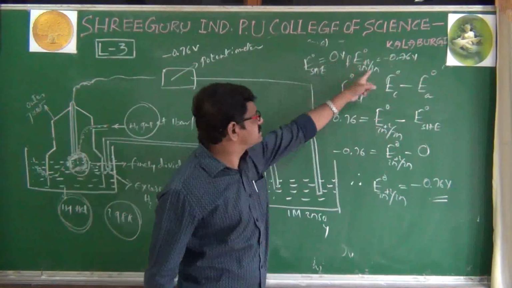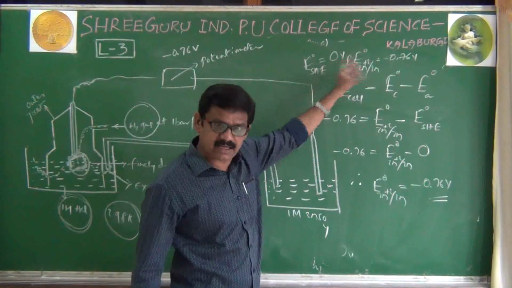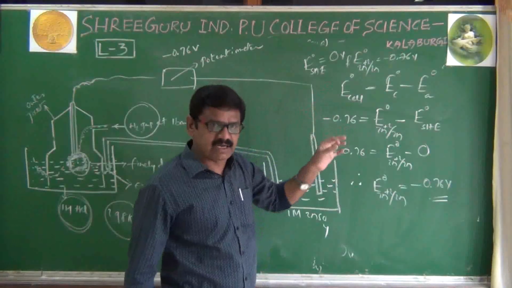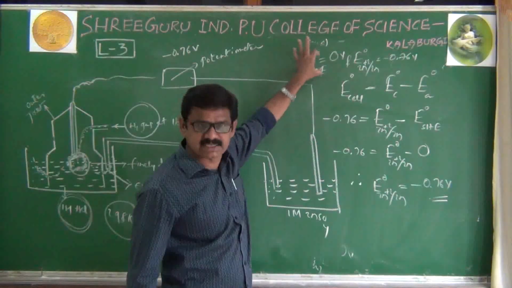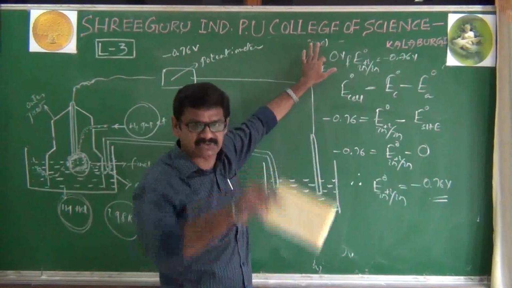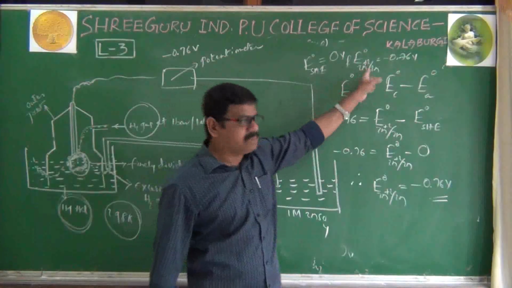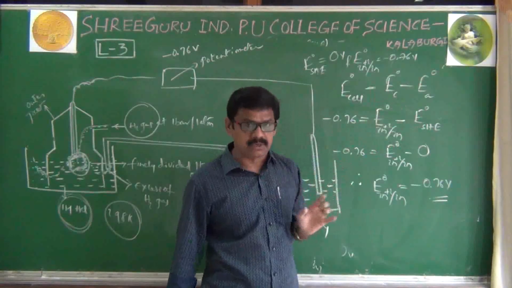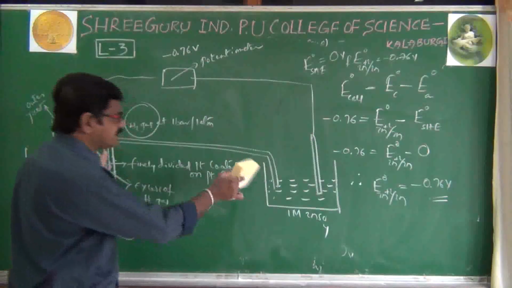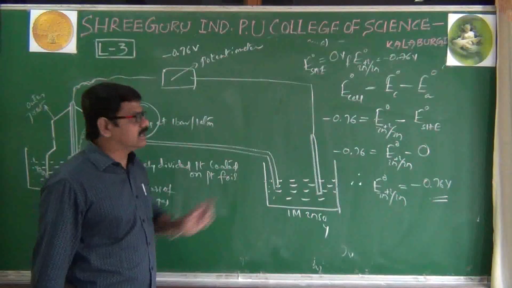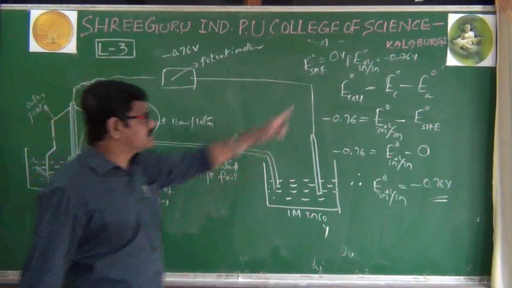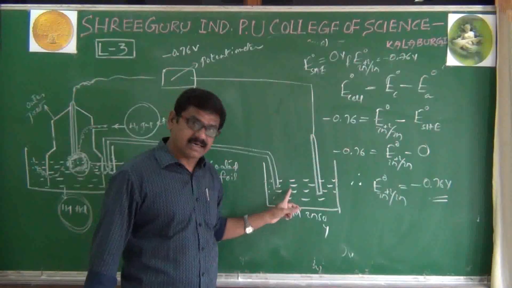When SHE and zinc are connected to each other, the one with more SRP should act as cathode, and the one with less SRP should act as anode. But we have arranged it in the reverse manner. Here we have taken SHE as anode and the zinc electrode as cathode.